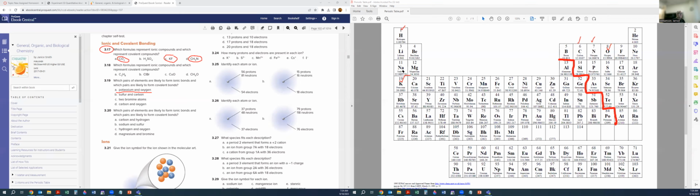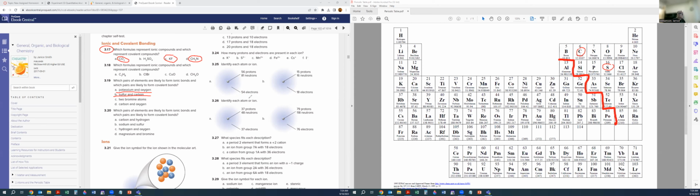That's likely to form ionic compounds. How about sulfur and carbon? That is sulfur and carbon, two nonmetals. That's likely to form covalent compounds.